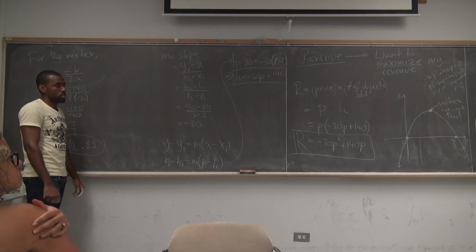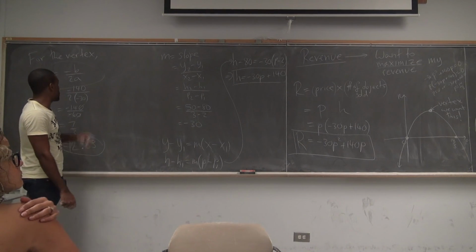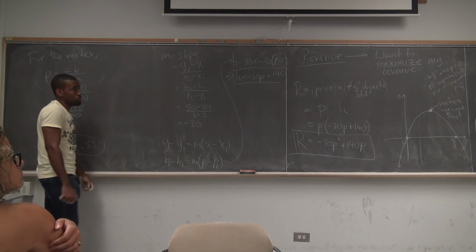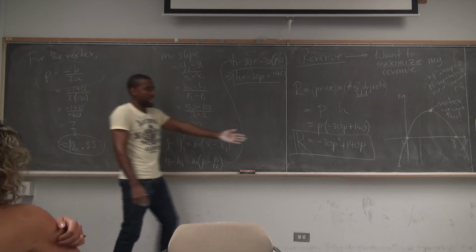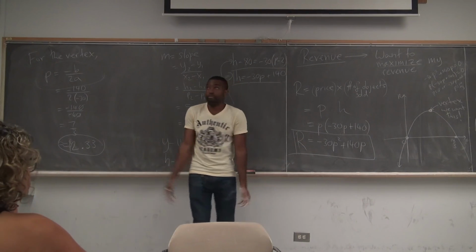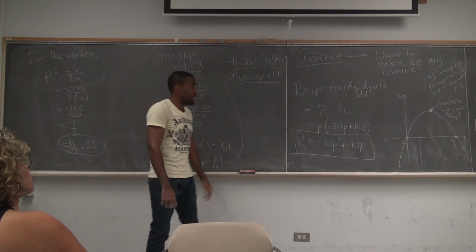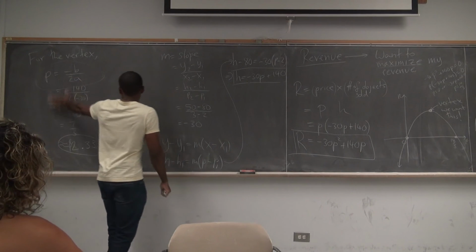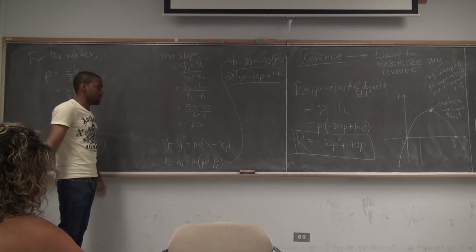Wherever you need to find where something attains its maximum or minimum, calculus is what you use, especially if you don't have a general formula. If this formula was anything other than a quadratic, I wouldn't know how to find the maximum, but with calculus I actually can, and we will do that. But this is where calculus would have happened, to figure out the vertex. Everything else is algebra, okay?